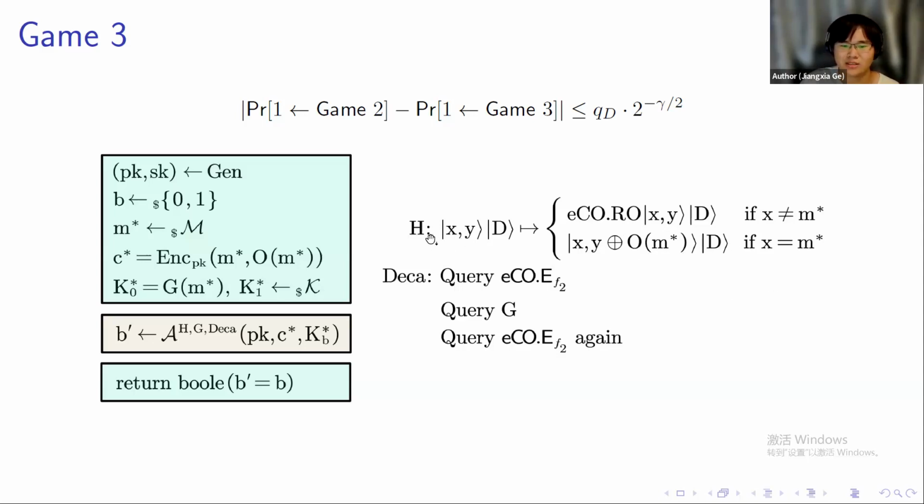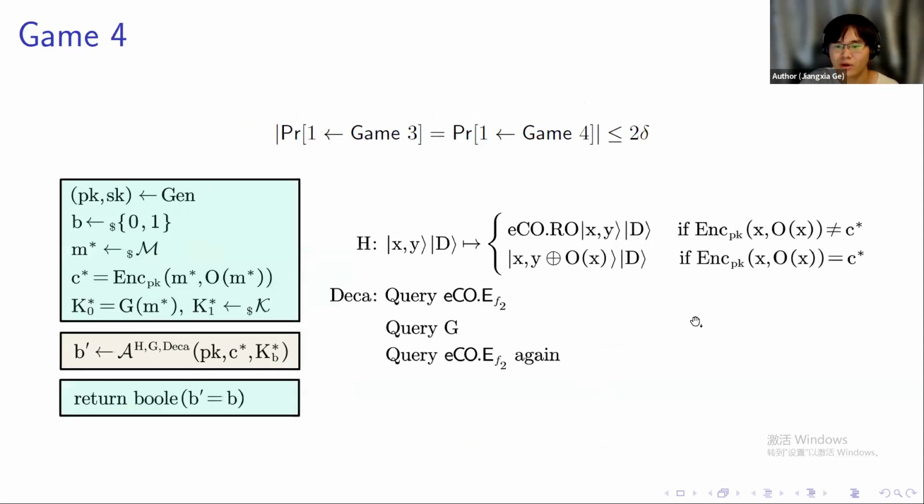However, the simulation of the quantum random oracle needs the challenger's plaintext M star to make this judgment. But we prove that if the underlying PKE scheme is correct, with error term 2 delta, x equals M star is equivalent to this value equals C star. So in game 4, we replace x equals M star with this value equals C star.